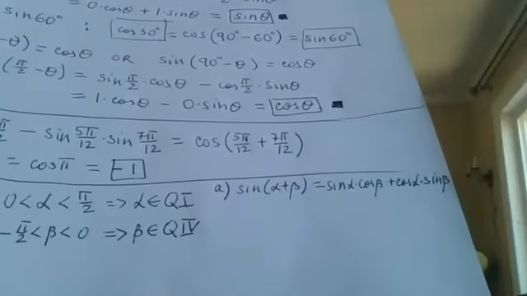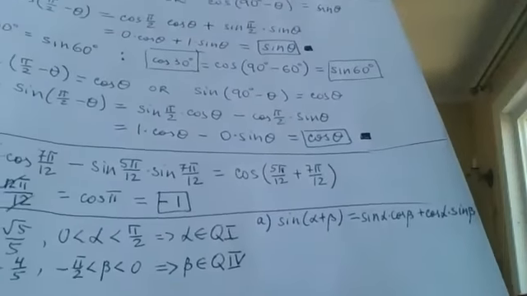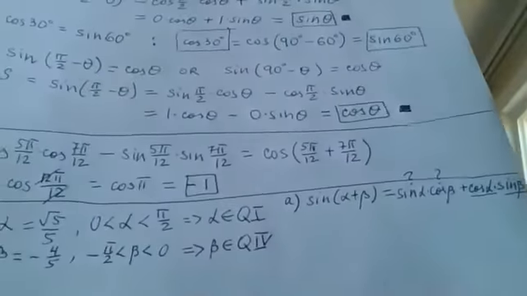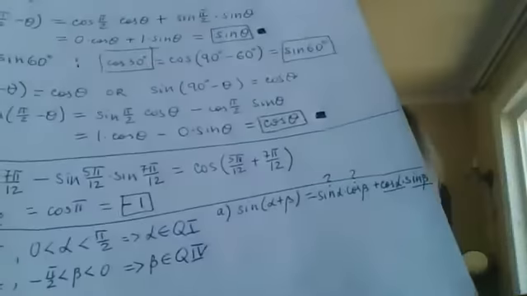After that, I will see which parts I have and which parts I need to find values for. So I'm going to underline the parts which are given. Cosine alpha is given, sine beta is given, and I will place question marks above the items whose values I do not know. You can see what I did.